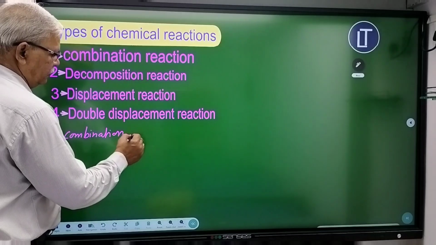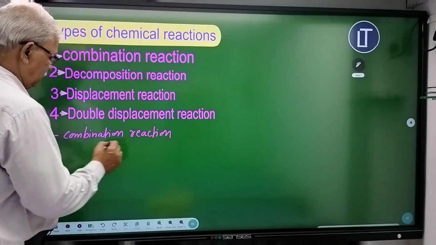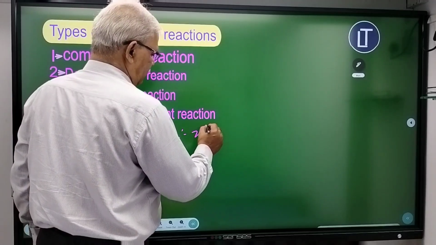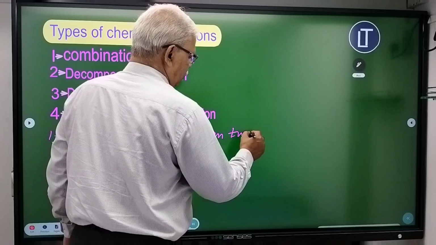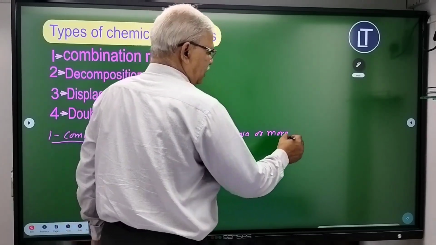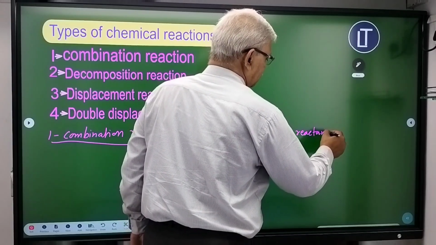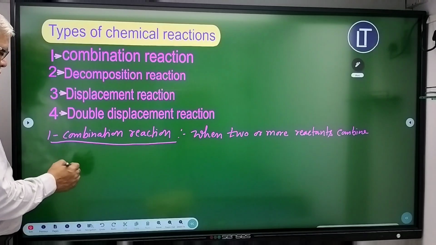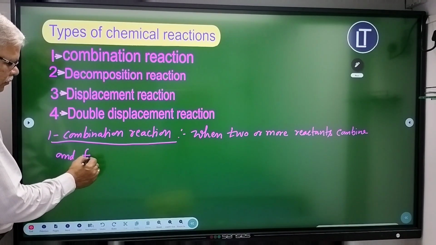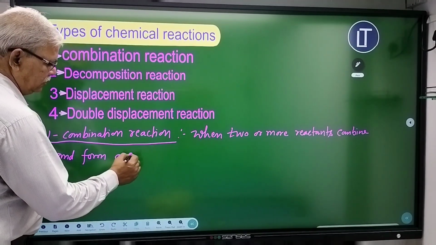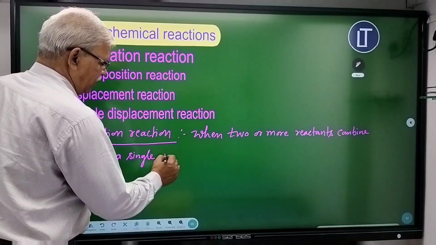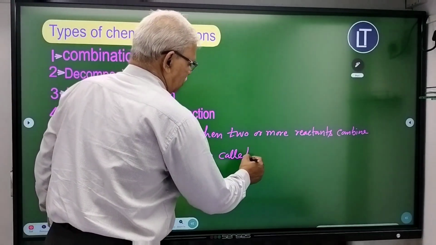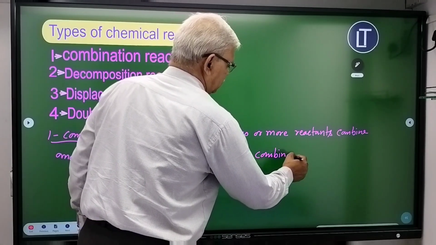Combination reaction. As the name combination suggests, when two or more reactants combine and form a single product, it is called a combination reaction.